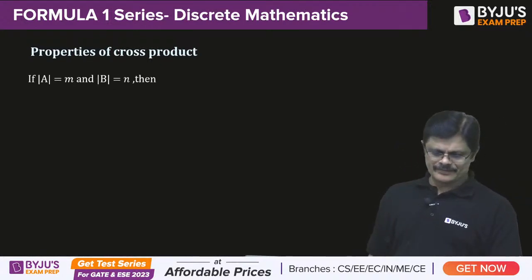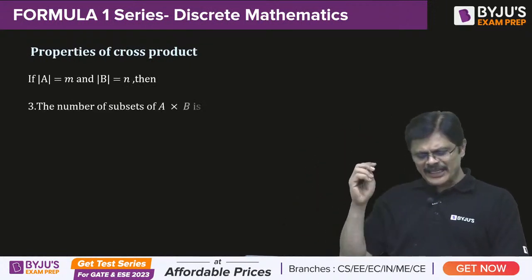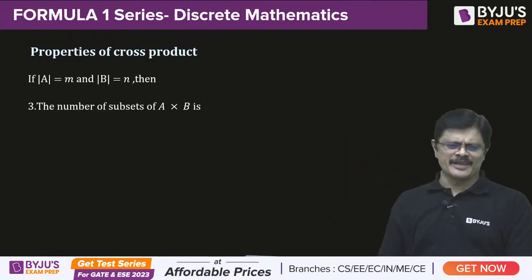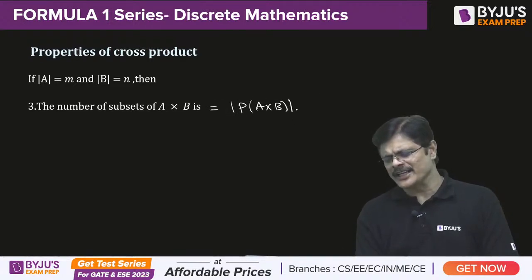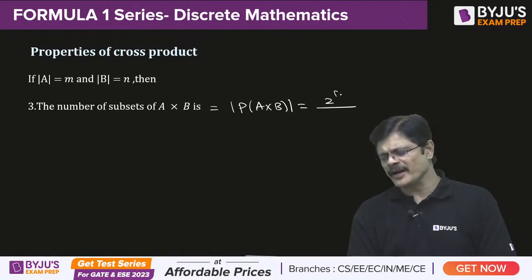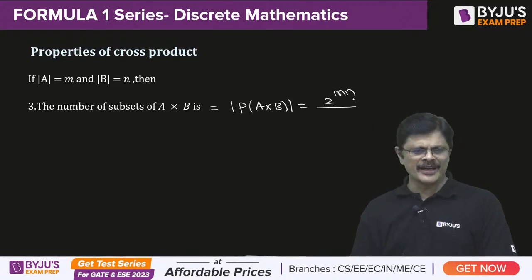Whether you ask the number of subsets of A cross B or the number of elements in the power set of A cross B, they are one and the same, and that is 2 power Mn, my dear friends.